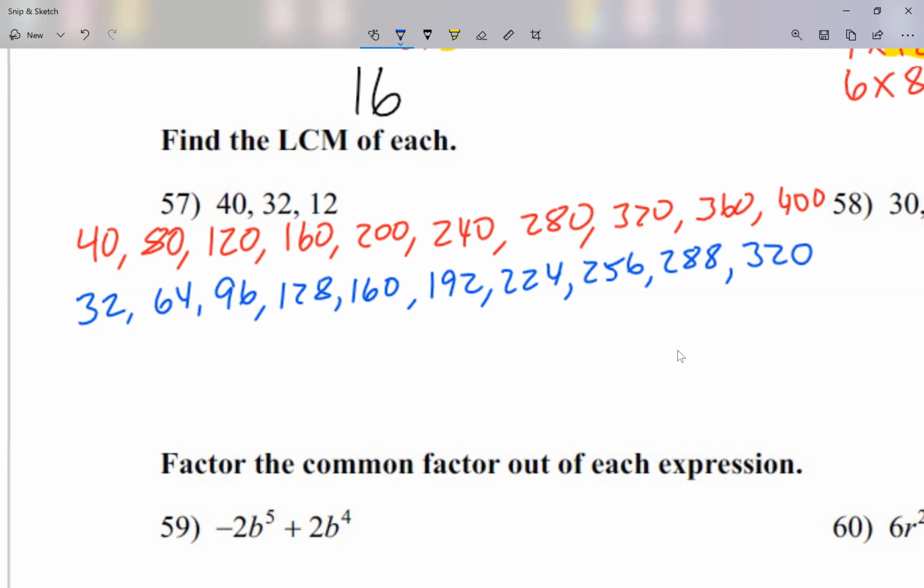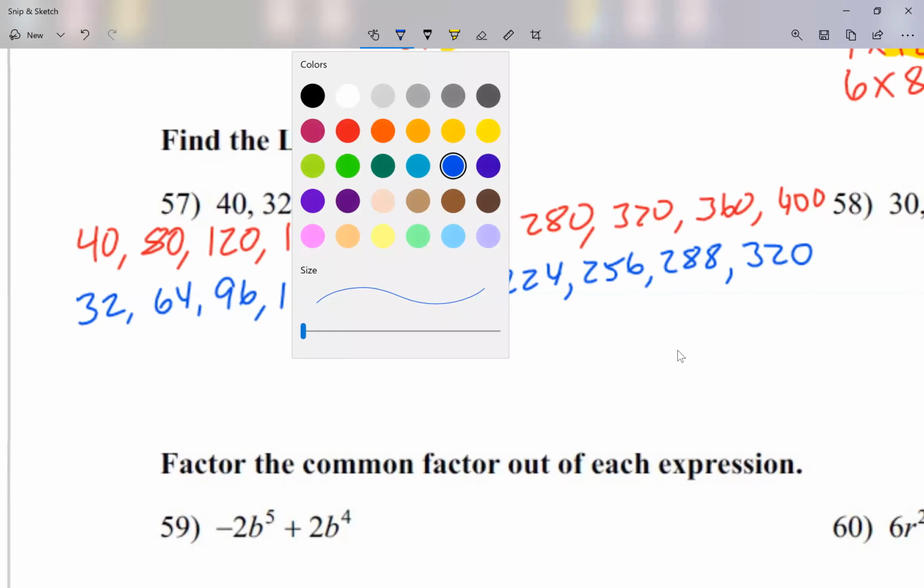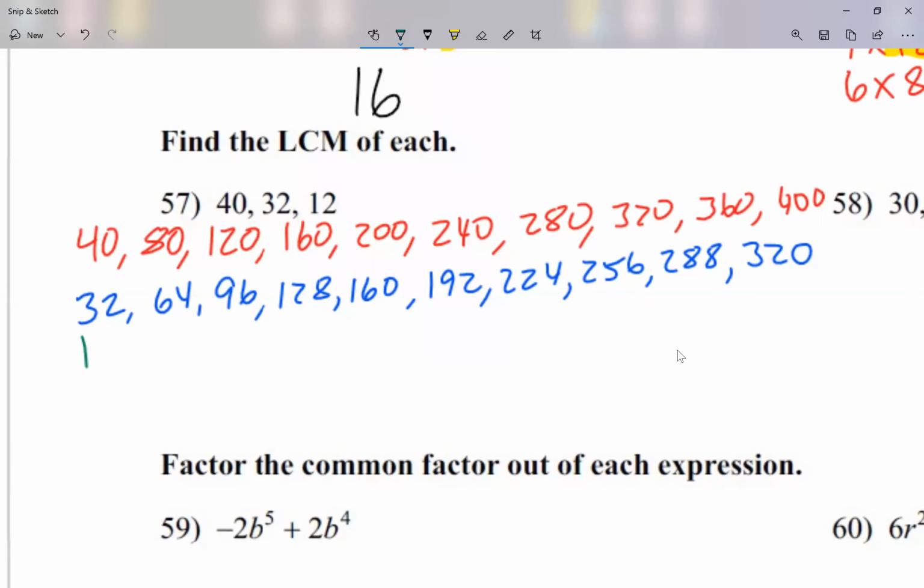Now let me find multiples of 12. Let me change this to green. So I'm going to go 12, 24.